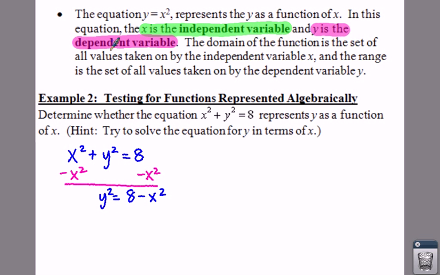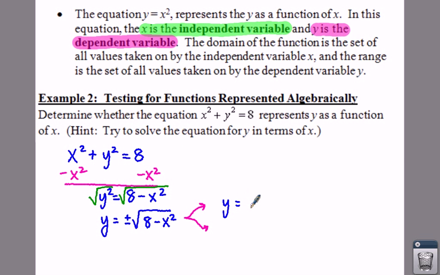And in order to get y by itself, we have to take the square root of both sides. Now you have to remember, when taking the square root, you don't get just the square root of 8 minus x squared. You actually get a plus or minus. So you don't have just one y value, you actually have two y values.